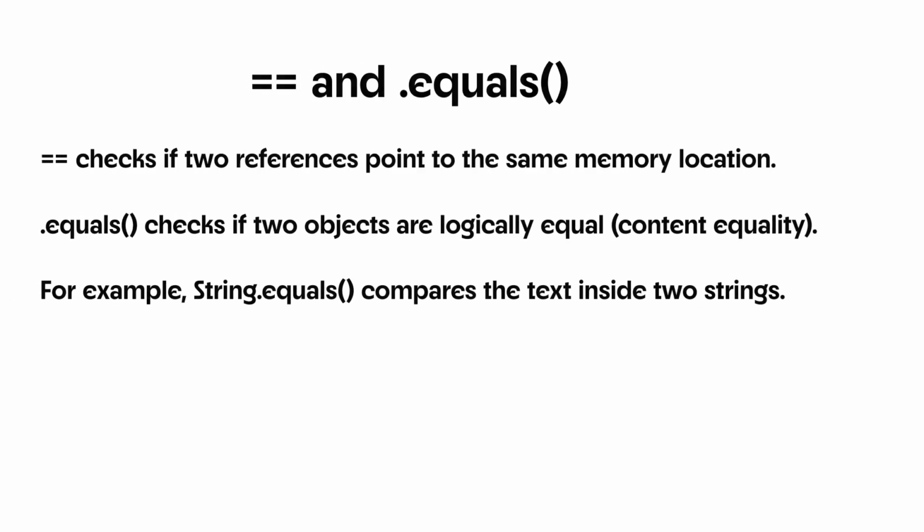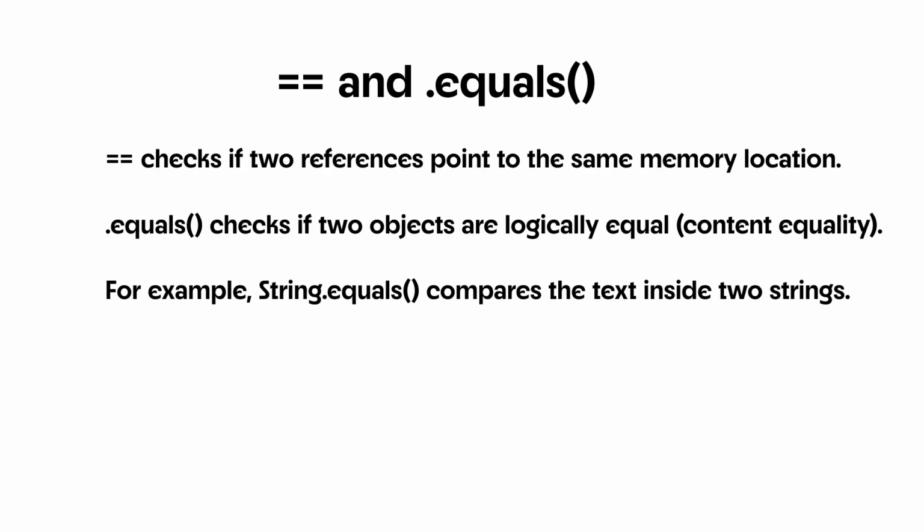In Java, double equals and dot equals are both used to compare things, but they work differently. The double equals operator checks whether two references point to exactly the same object in memory, so it compares locations, not contents. On the other hand, the dot equals method is used to check whether two objects are logically equal, meaning they have the same values inside.